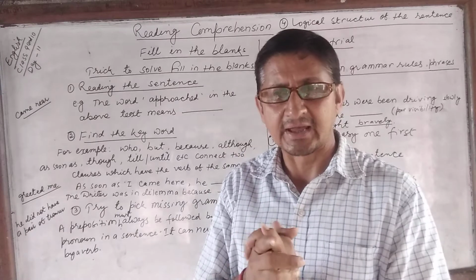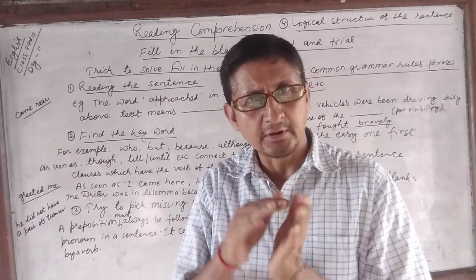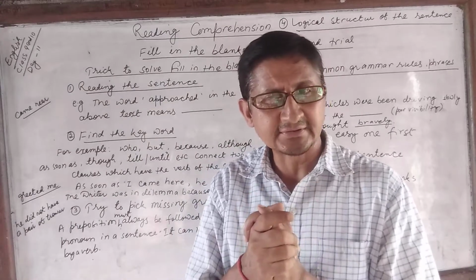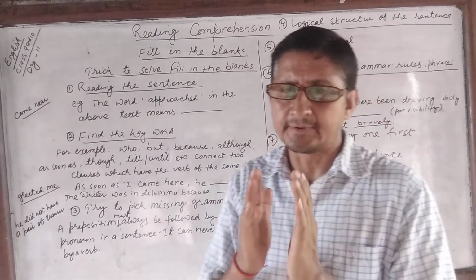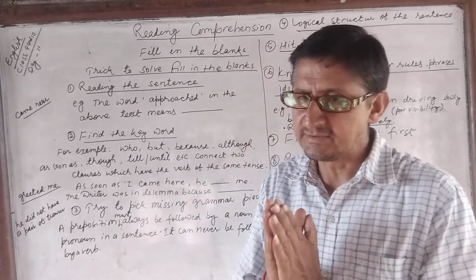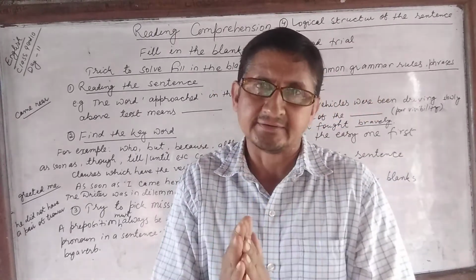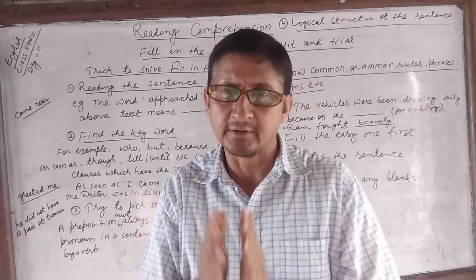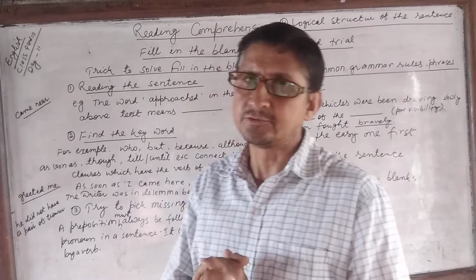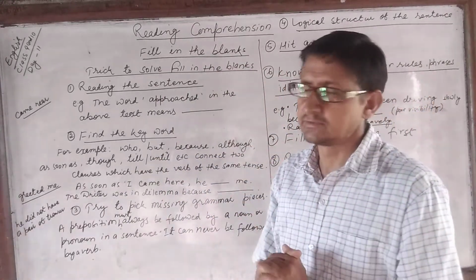In hit and trial, you place the options one by one in the blank of the sentence. The option that gives maximum meaning to the sentence should be the right answer. In this way, following this method, you can fill in the right words.